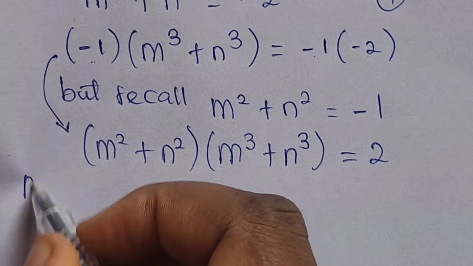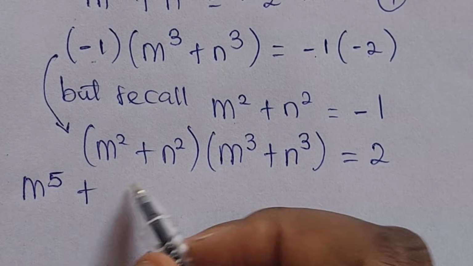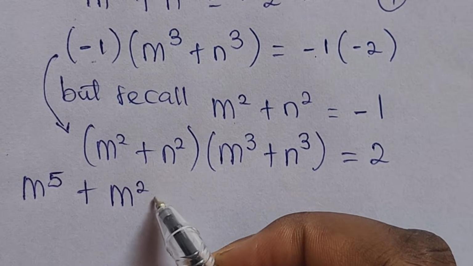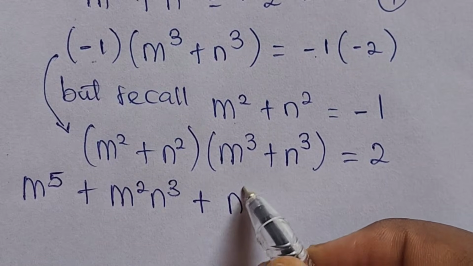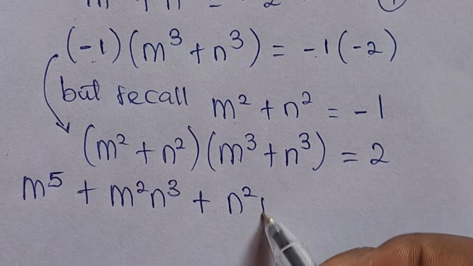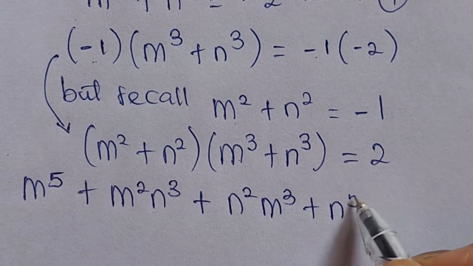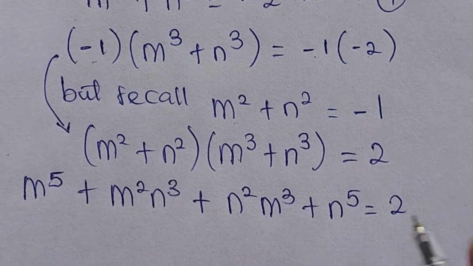We have m to the power of 5 plus we have m squared n cube plus we have n squared times this m cube plus n to the power of 5 is equal to 2.